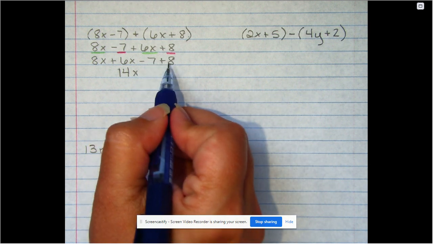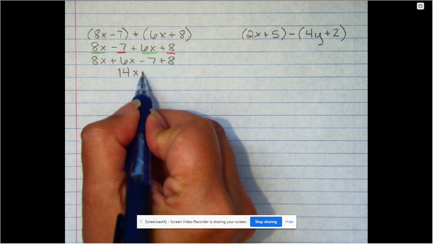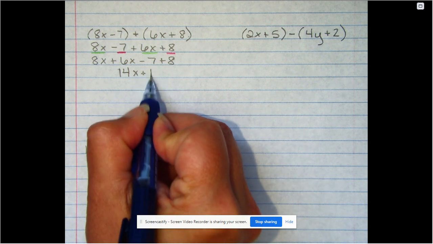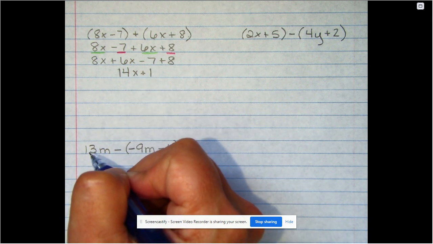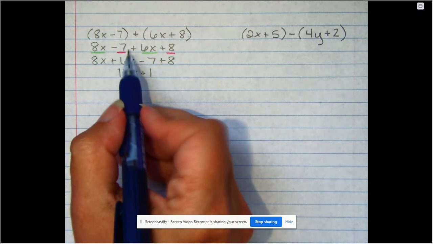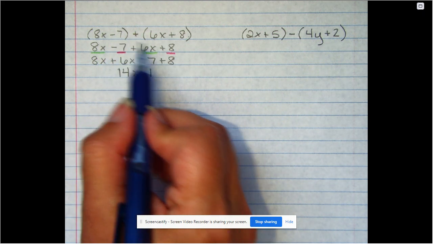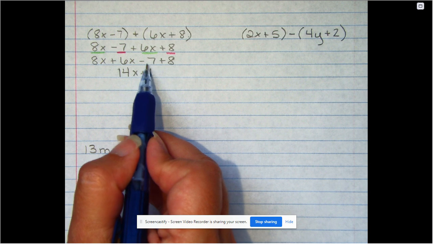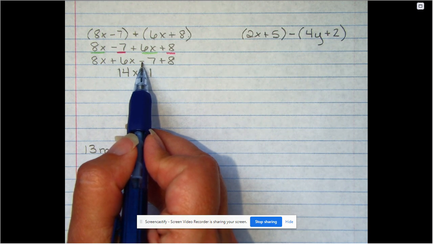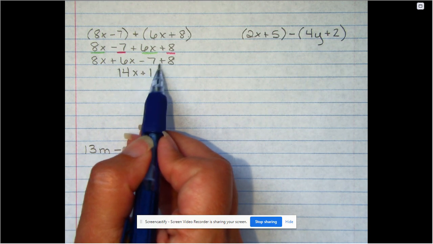Negative 7 and positive 8 combine to just make a positive 1. So what we're doing really here is combining like terms, making sure that we're using the proper signs for each of the quantities.